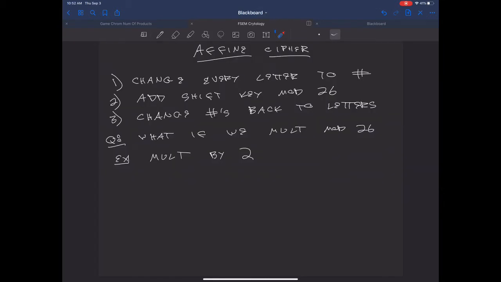And so multiplying by 2 actually doesn't work. That's not going to be an appropriate cipher because we're not going to be able to decrypt it correctly.